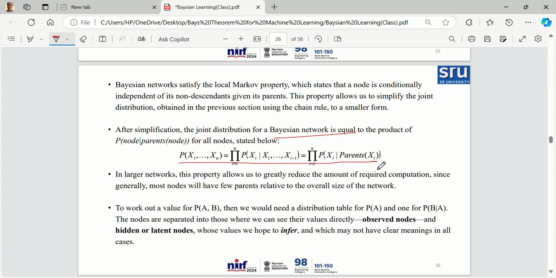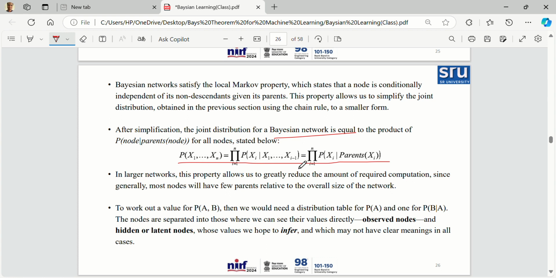So this is the simplified product formula. Probability of x1 to xn is equal to the product from i equal to 1 to n of the probability of xi given x1 to xi minus 1. If i is 1, then we get x1 given nothing, which is just 1. If i is 2, you get x2 given x1.